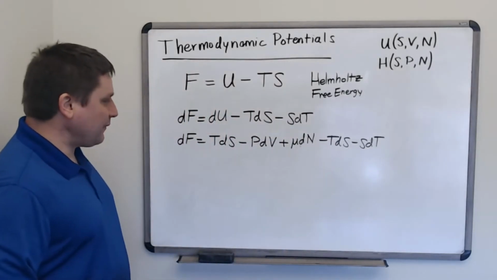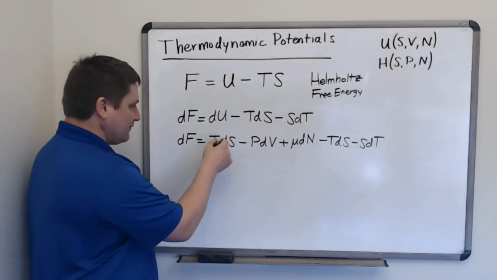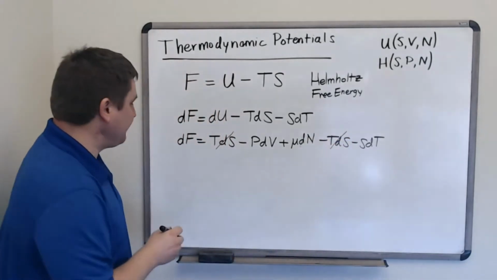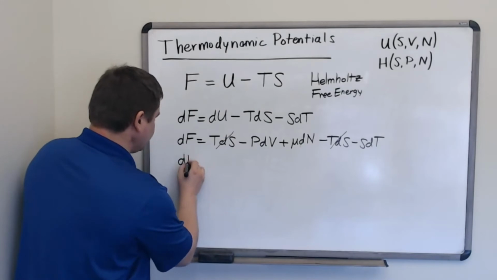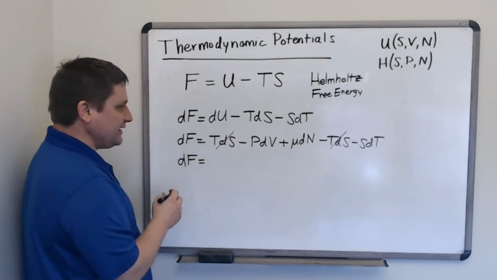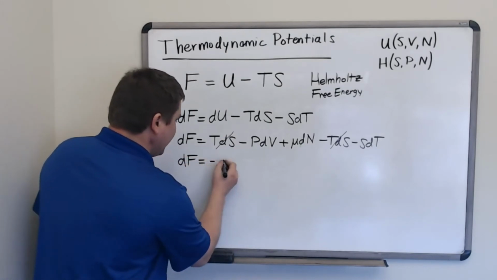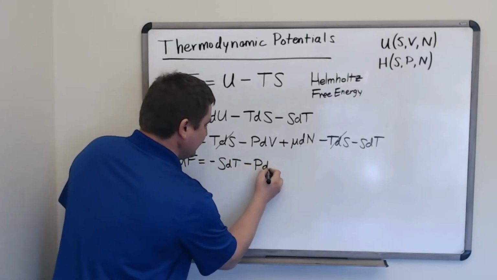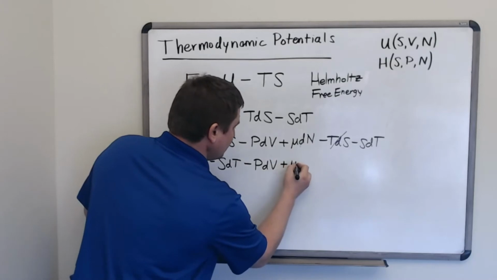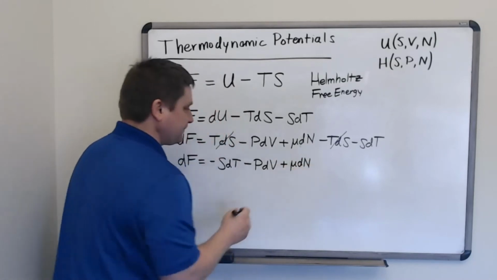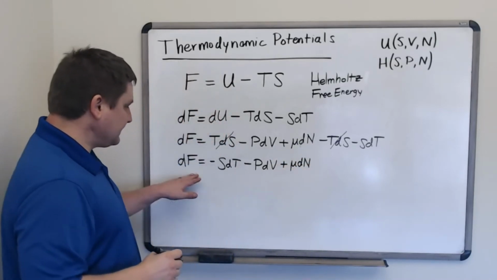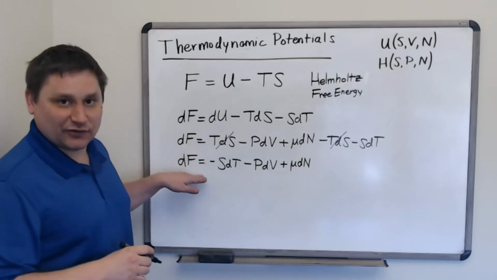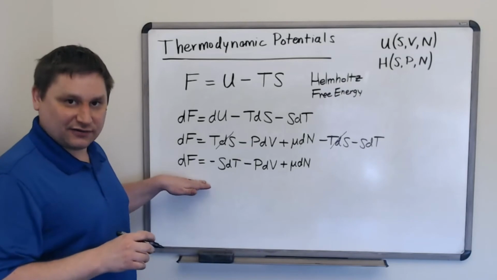And the cancellation that we are looking for indeed does happen. We've got a TdS term there and a TdS term there that go away. So our expression for dF simplifies to minus S dT minus P dV plus mu dN. This is the fundamental thermodynamic identity expressed in terms of the Helmholtz free energy instead of the internal energy.